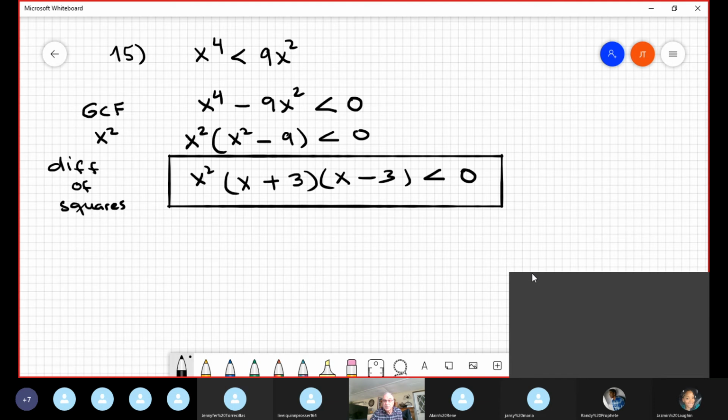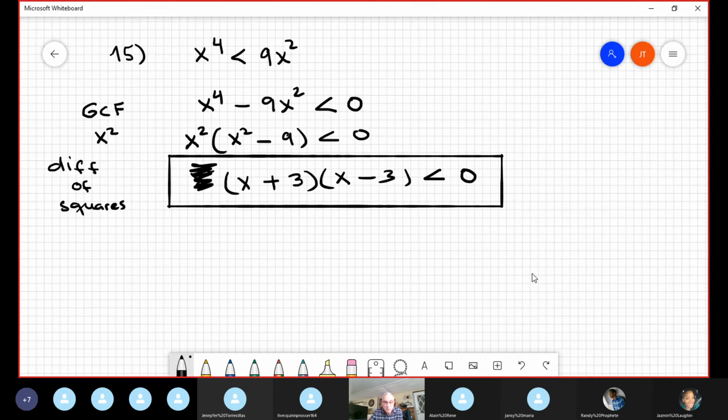Okay. I have a question. The question is, can we delete this factor or no? Remember, I explained that a factor that contains an even exponent, we can sometimes delete partially or delete totally.